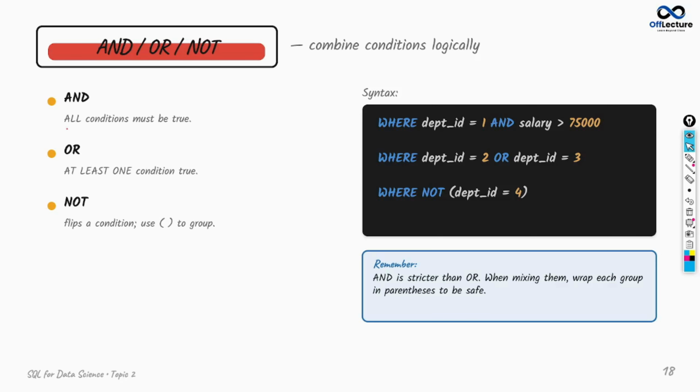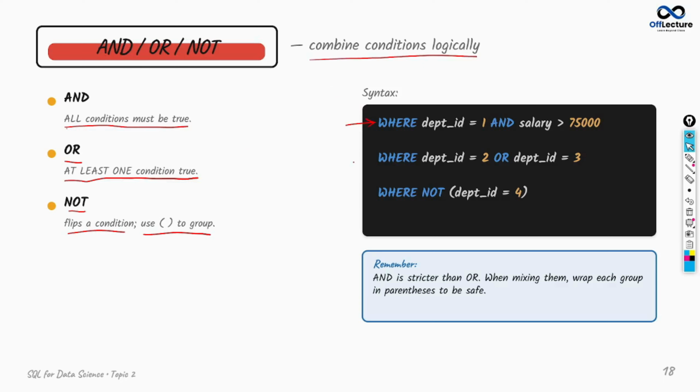AND is used when you want all conditions to be true, that is, whatever conditions you are given, both should be true simultaneously. OR is used when you want at least one of the conditions to be true. And NOT is used to flip a condition and it will give you the output in reverse, that is, the output that you don't want. So AND, OR, and NOT combine the conditions logically.